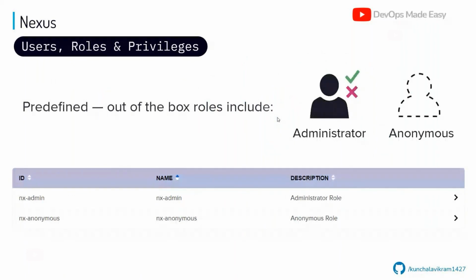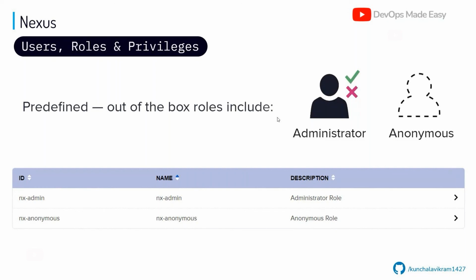So these are the different roles that come out of the box. One is the admin role. Okay, so this admin role has all the admin level privileges, and there is this Nexus anonymous role, and this Nexus anonymous role has only read access to the repository. Okay, so you can click on any of these roles and you can see all the privileges that are given to these roles.